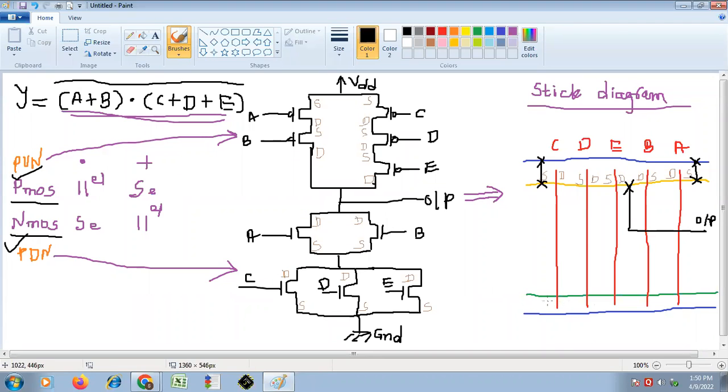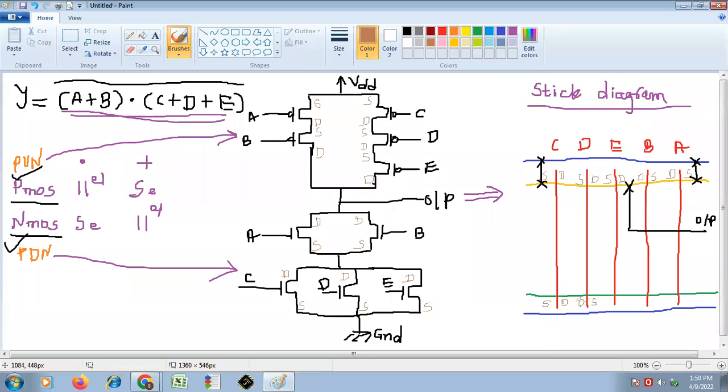So it is a source, it is drain, again it is drain, it is source.